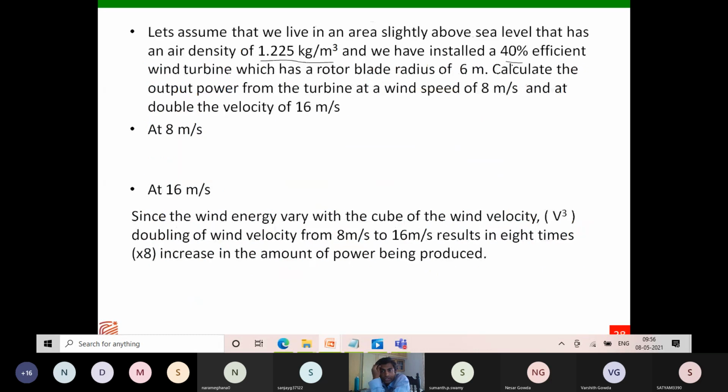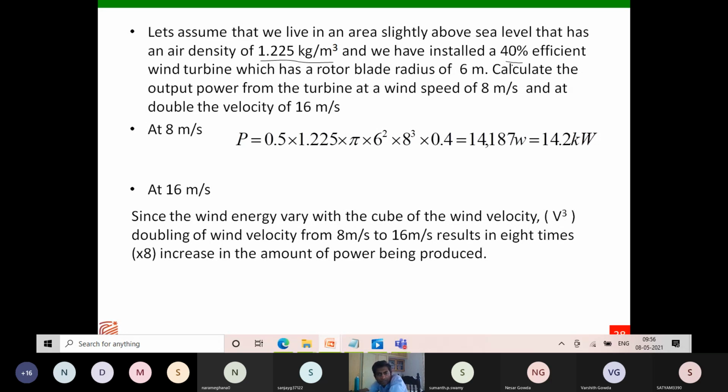The rotor blade radius is 6 meters, and we are asked to calculate the wind power when the wind speed is 8 meters per second, and also when the wind speed is doubled, 16 meters per second. So we are going to utilize this equation and find out.